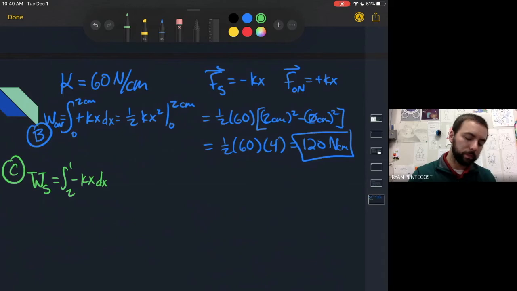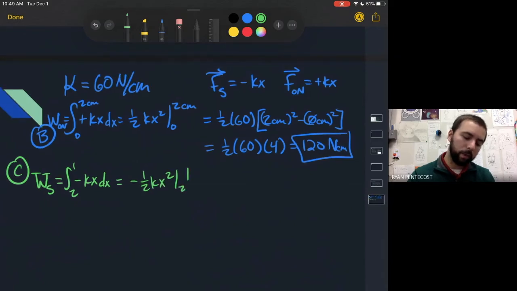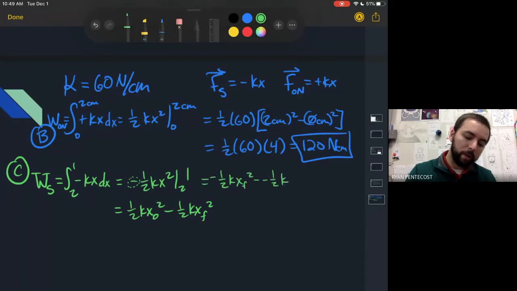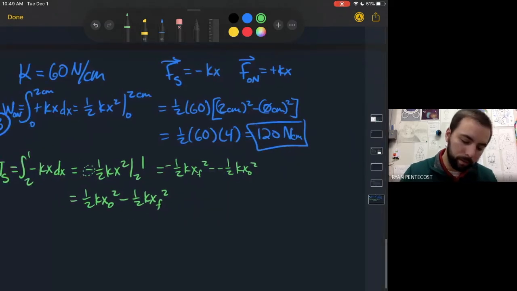Now, if we integrate this, we get negative 1/2 kx squared from 2 to 1. So remember, we can flip this and just do 1/2 kx naught squared minus 1/2 kx final squared, because of this negative here. We did this earlier, and I'll just show you doing both ways. Here, if we do negative 1/2 kx final squared minus negative 1/2 kx naught squared, let's go ahead and do both of these.